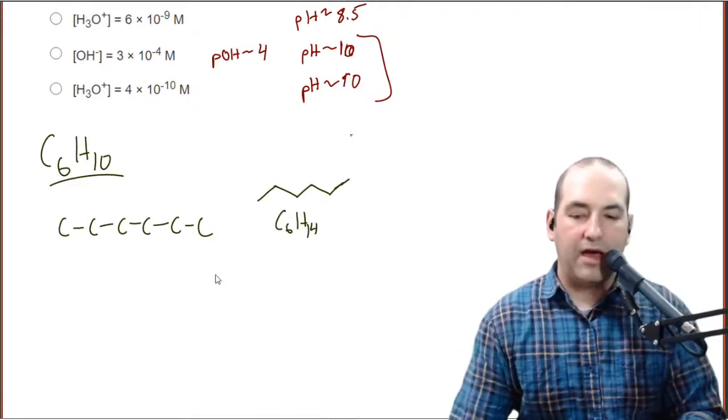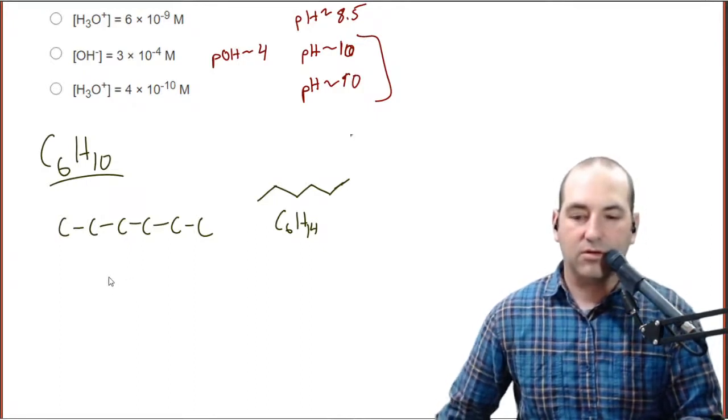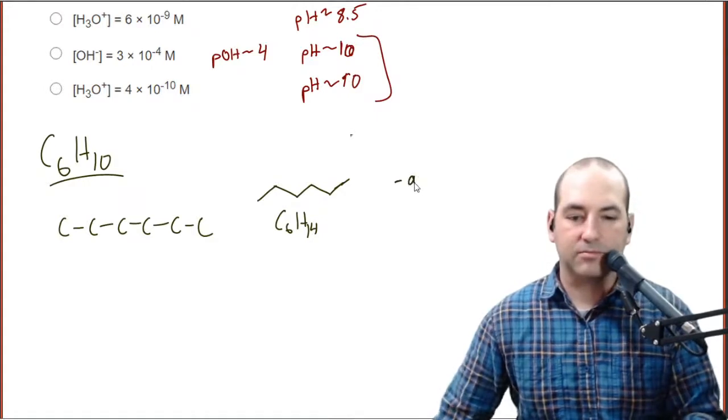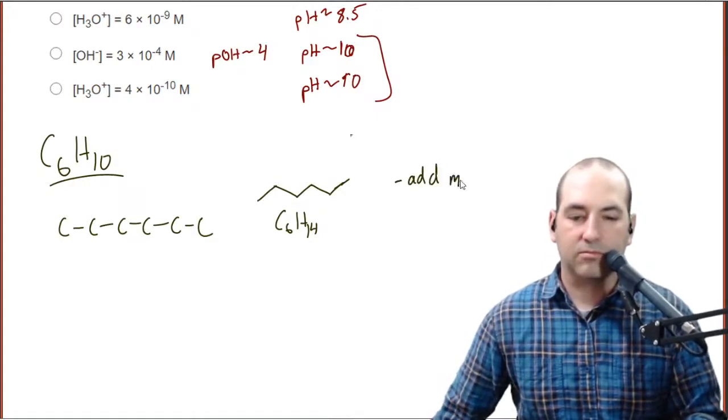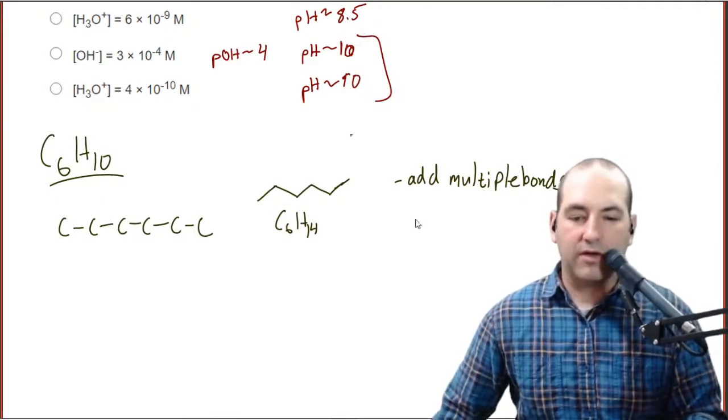And the way you do that is to add multiple bonds, so double bonds or triple bonds. So watch how that works.